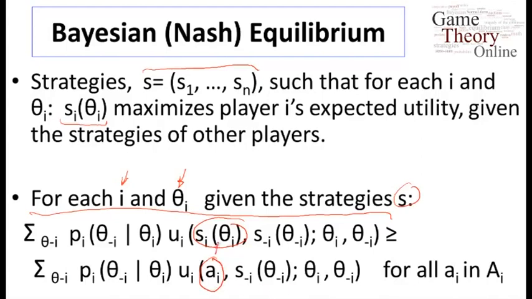If they were of type θ_i and instead tried some other action a_i, they should be getting at least as high utility from what's prescribed under the equilibrium strategies as not. Conceptually, this is the same as Nash equilibrium. It's just in a slightly more complicated environment, where now we're specifying what they do as a function of their different types and their expectations of what other players are doing. So it's conceptually very simple, just a little more complicated in terms of the notation and the types entering into this calculation.